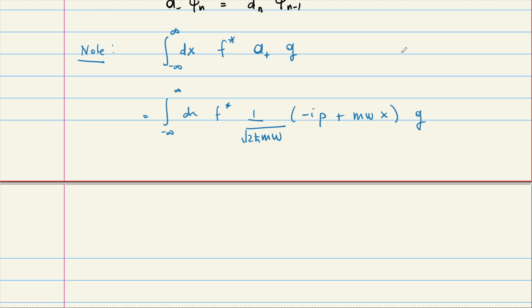So let me also write what P is. P is minus i h bar d dx. And if I multiply with minus iP, this is going to be minus minus plus, i squared is minus. This is going to be minus i h bar d dx. Then I can also write it here, minus h bar d dx.